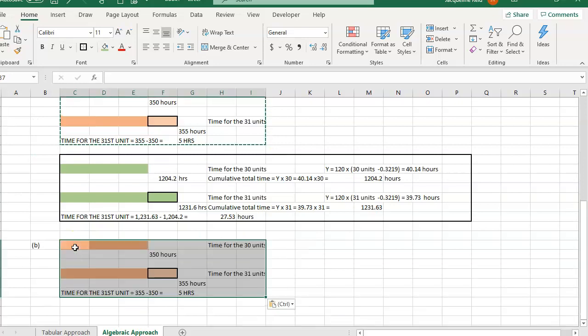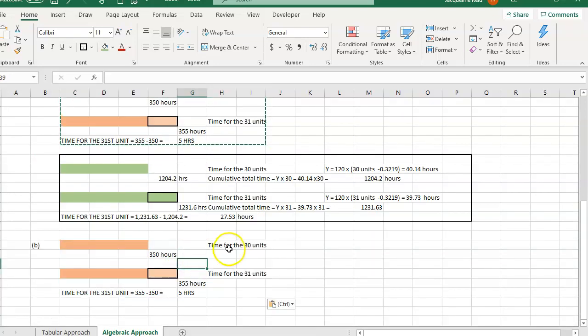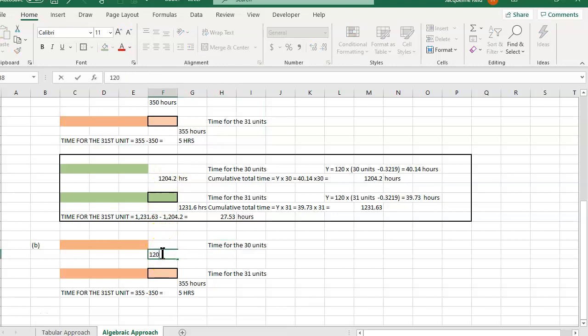for B is to look at the time for the first 30 units, which we already have, and that time was 1204.2. But we now need to find the time for the 35 units because we are interested in this block, and this block is the block with the 5 units.